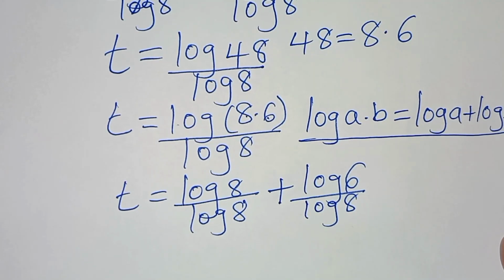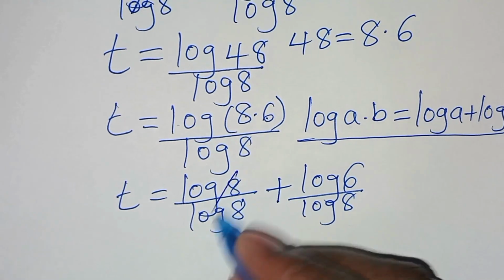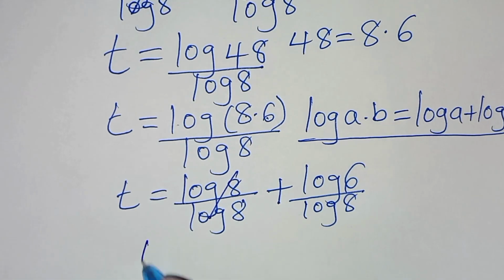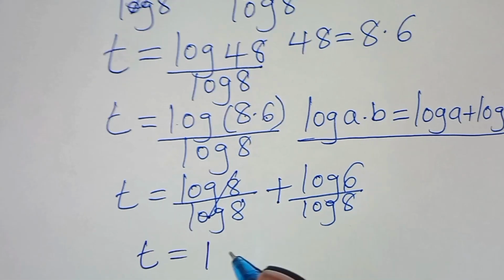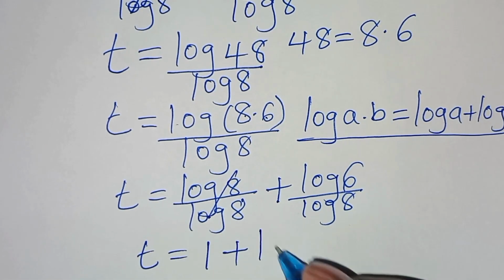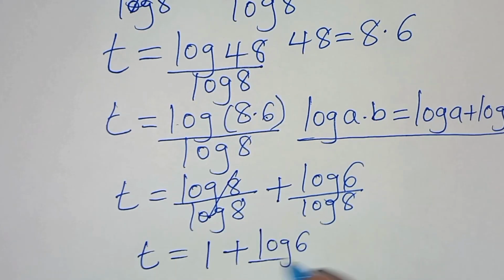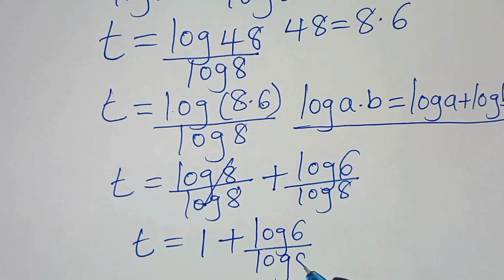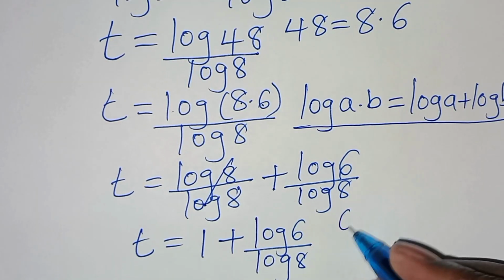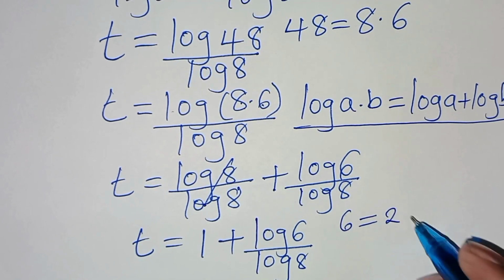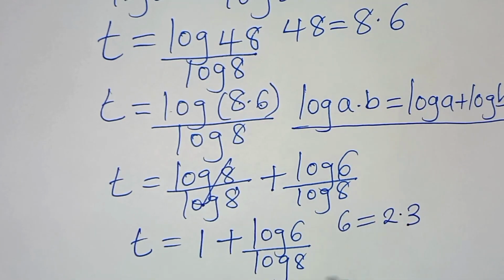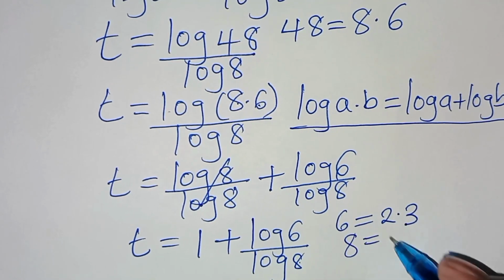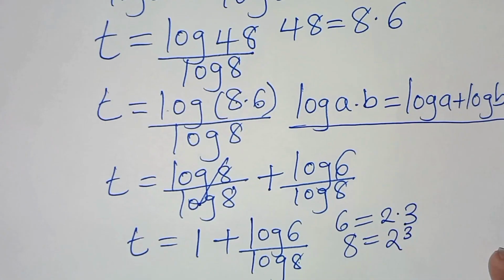So the next step, let's simplify here. Log 8 and log 8 simplify, so that t is equal to 1 plus log 6 divided by log 8. Now we can express 6 as 2 times 3, and we can express 8 as 2 to the power 3.